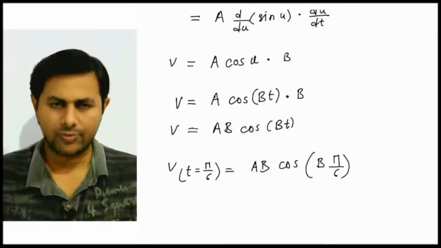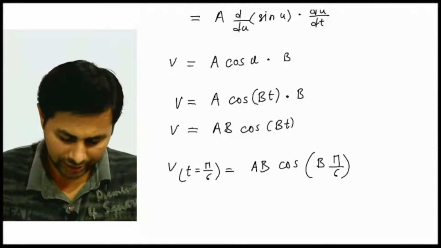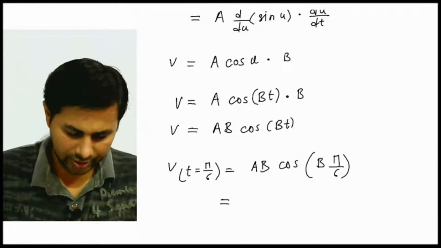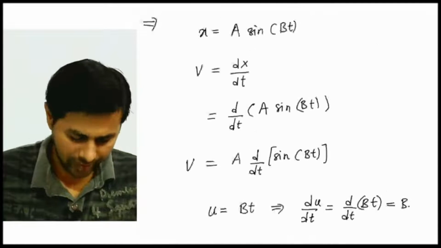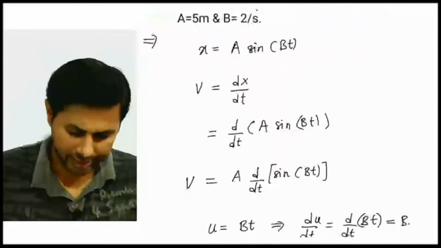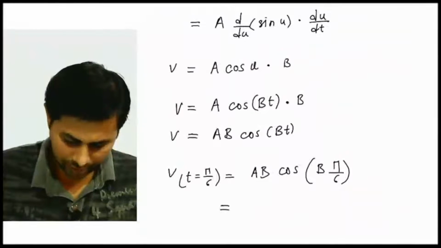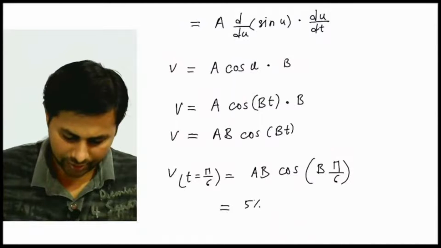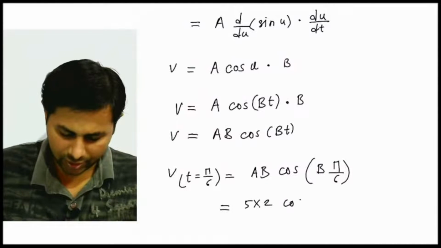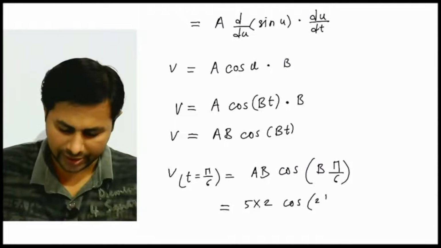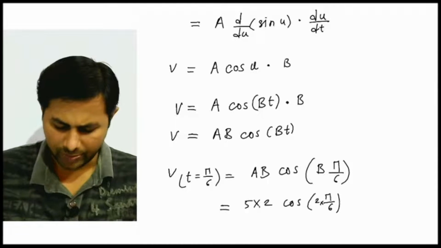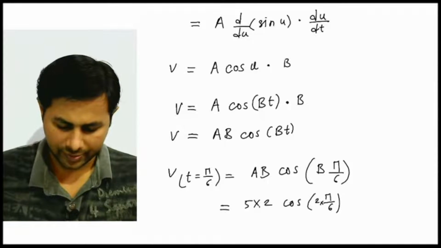And now we can substitute values of a and b. So a is 5 and b is 2, times cosine of 2 times pi by 6, or pi by 3.